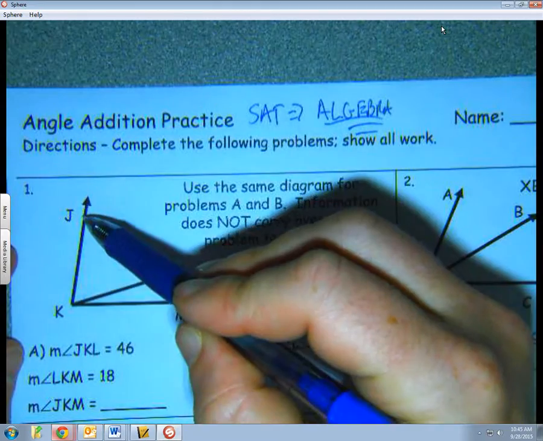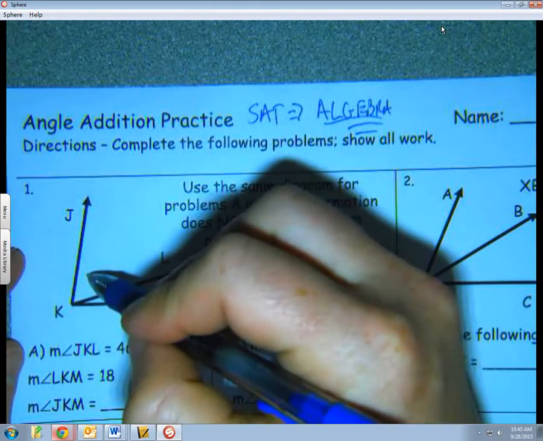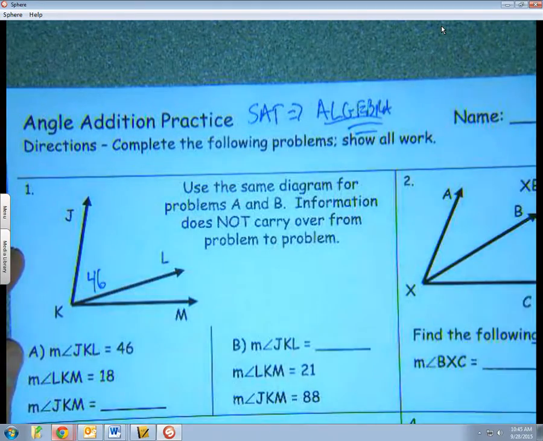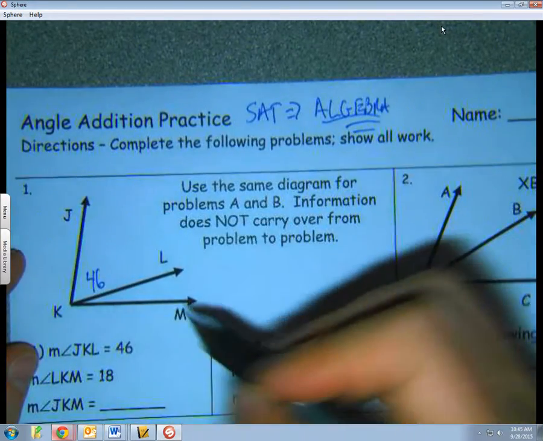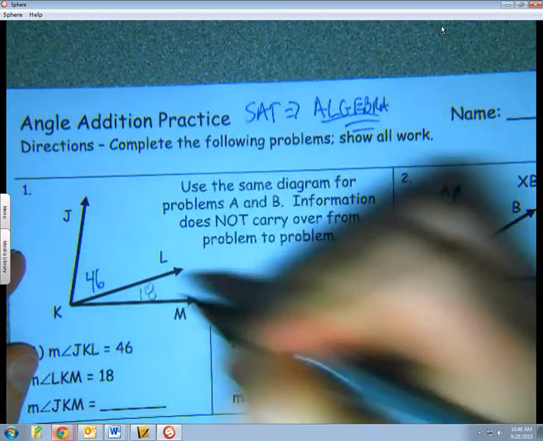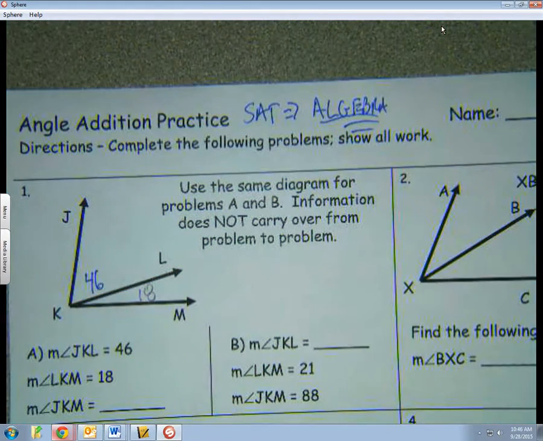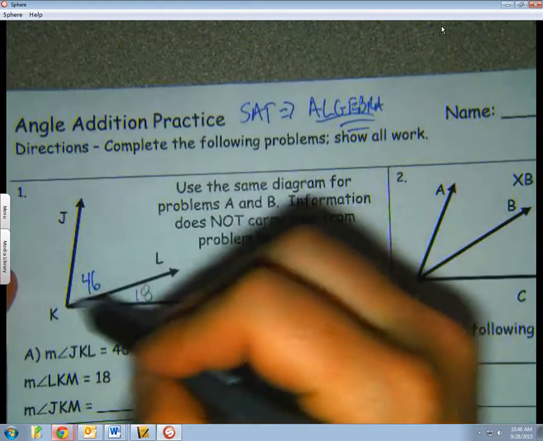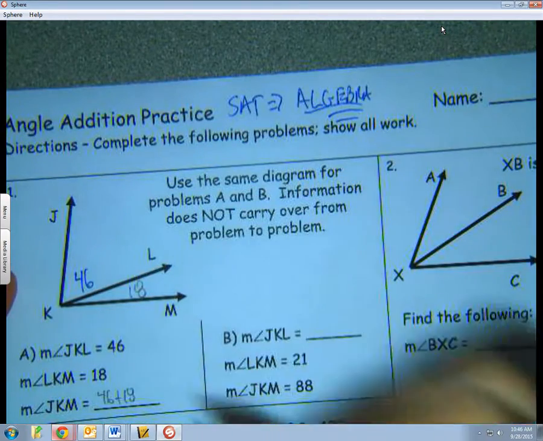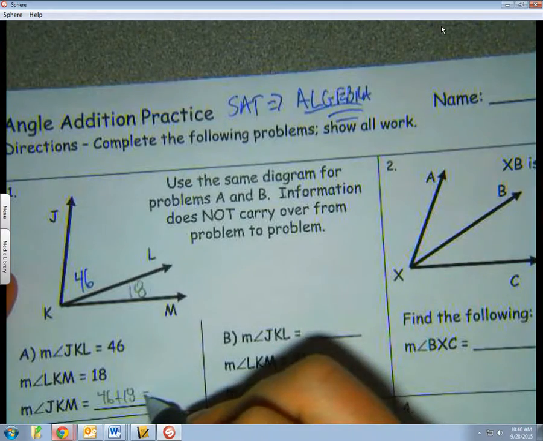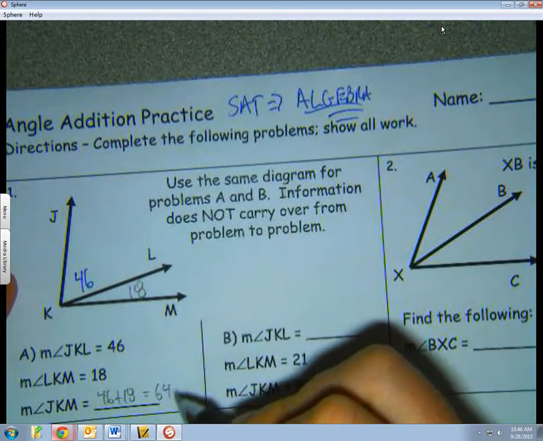JKL is right here, and that's 46. LKM is right here, it's 18. So JKM, this whole thing, is going to be 46 plus 18, which is 64.